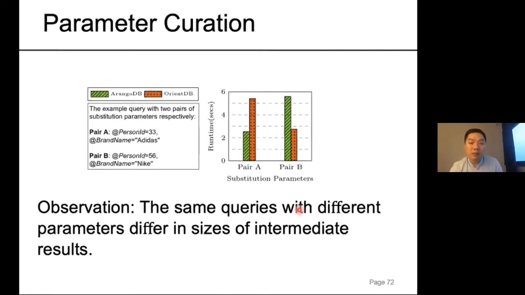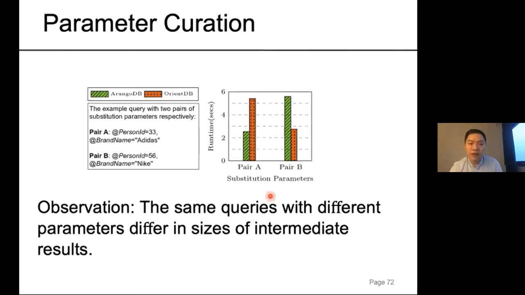So for example, with 2 groups of parameters, pair A and pair B, the performance of ArangoDB and OrangeDB are completely opposite. For example, ArangoDB is faster than OrangeDB with pair A, and OrangeDB is faster than ArangoDB with pair B.